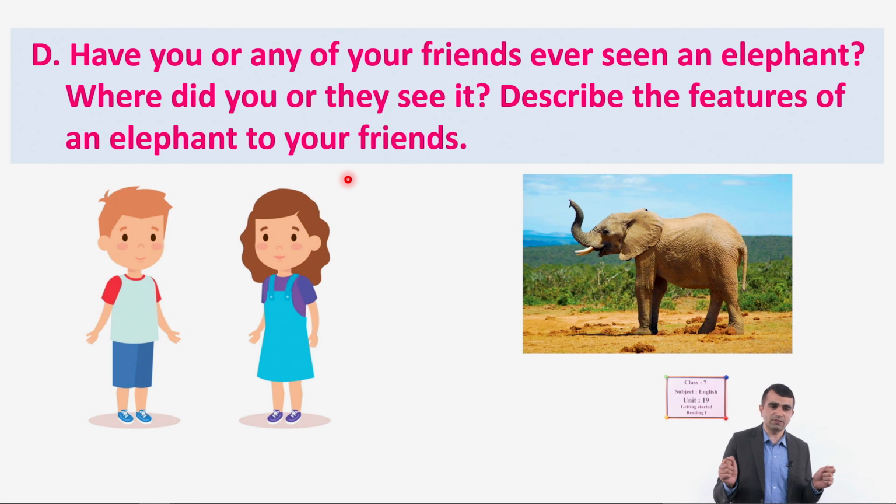Describe the features of an elephant to your friend. You can talk to your friends about the features of an elephant, their color, their tusk. Whether you have seen it yourself or heard from others, just describe it, as we did reporting in the beginning. Similarly, where do they live, what type of ears they have, all these things you can describe while talking to your friends. Okay. Can you do it?